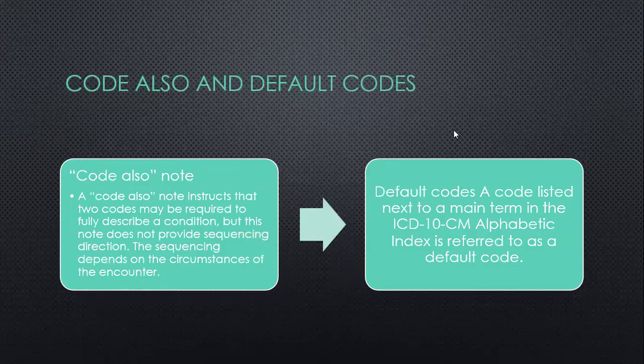So let's talk about code also and default codes. Okay, code also. That means that the note instructs that two codes may be required to fully describe a condition, but this note does not provide sequencing direction. The sequencing depends on the circumstances of the encounter.